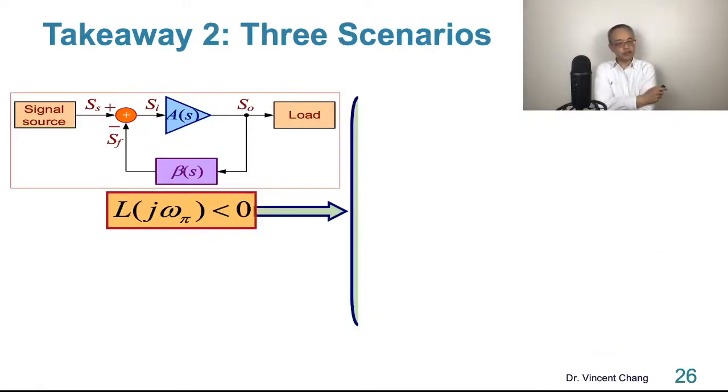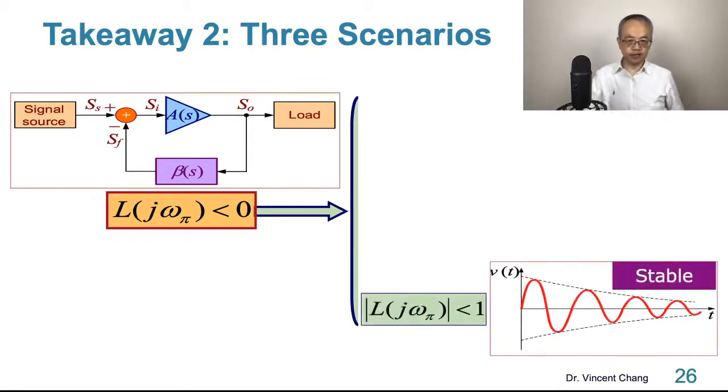Takeaway number 2, the three scenarios. In order to ensure the feedback amplifier is stable, at this frequency, omega pi, omega 180, the magnitude of the loop gain has to be less than 1.